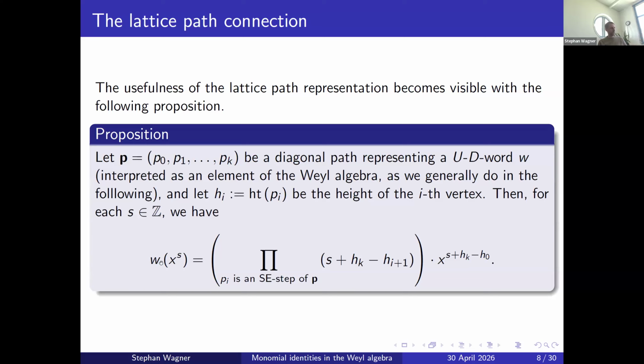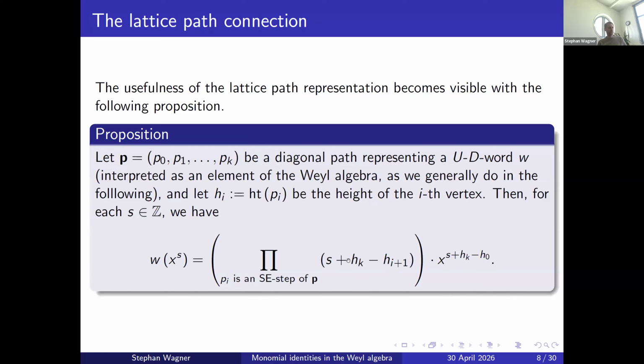It turns out that you can express this quite neatly in terms of the path that represents the given word. Namely, the outcome, if you apply W, interpreted as an element of the Weyl algebra, to x to the s, is x to the power s plus the height difference, basically, and then a factor, which is a polynomial in s.